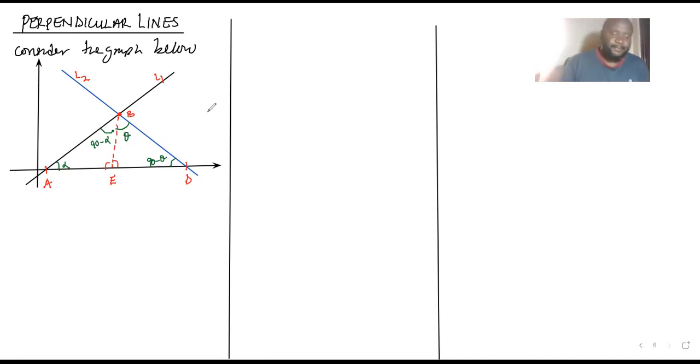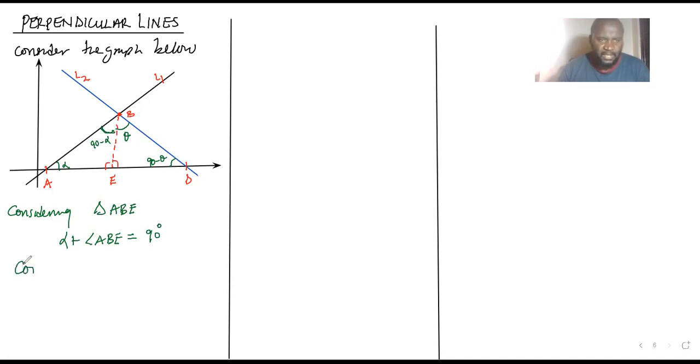So with that sense, considering triangle ABE, you will see that alpha plus angle ABE should give us 90 degrees, plus this angle up here.